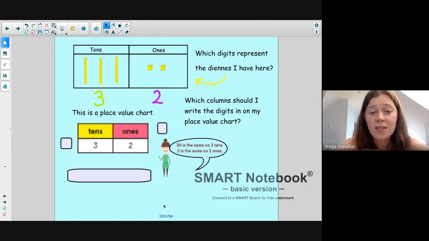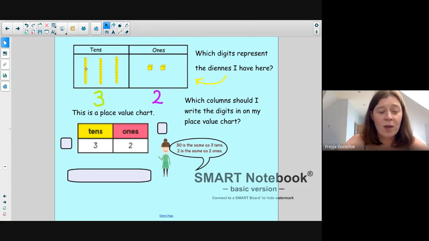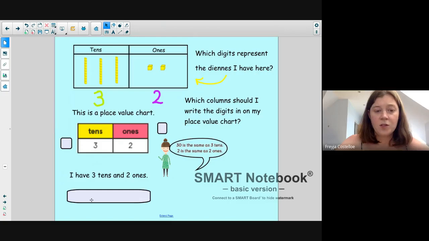She's saying 30 is the same as 3 tens. We've got that up here, haven't we? 1, 2, 3 tens, 10, 20, 30. And 2 is the same as 2 ones. 1, 2. So I have 3 tens and 2 ones. Altogether, that makes 32.